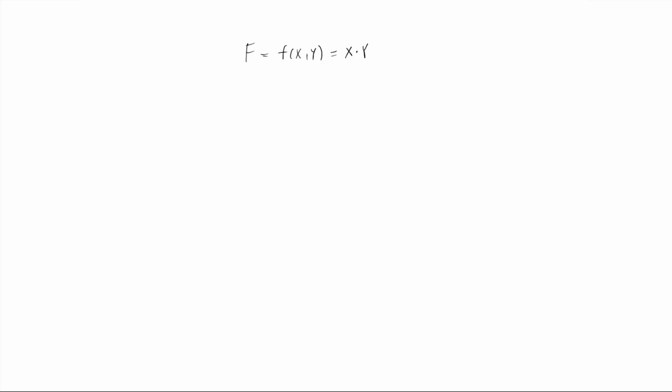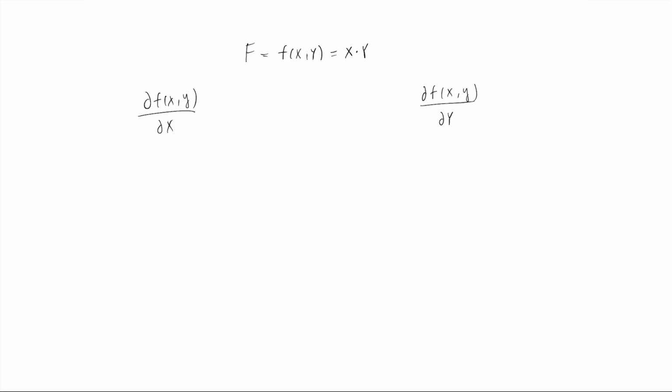One is the partial derivative of the output in terms of x, and one is in terms of y. So this is the first partial derivative, delta f of x and y over delta x. And the second one, I'll put it here, delta f of x and y over delta y.